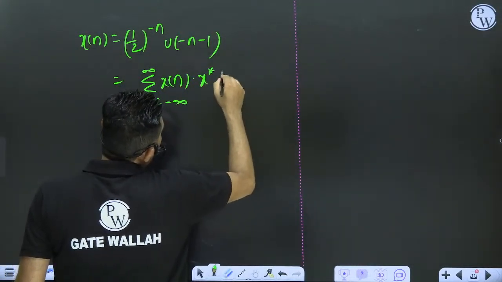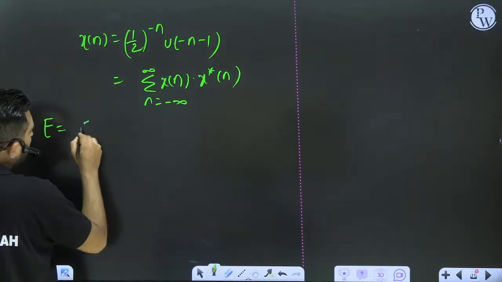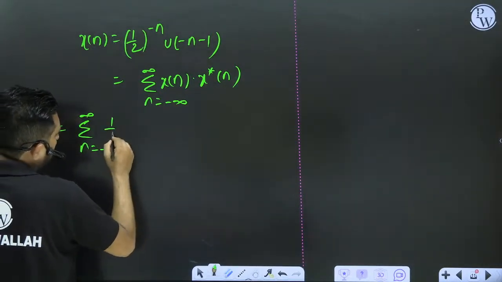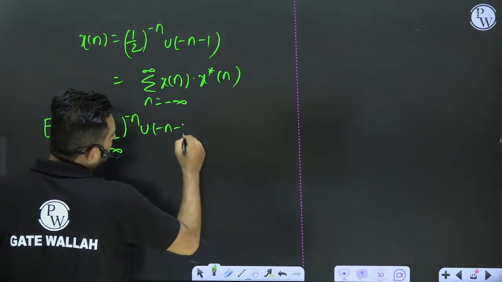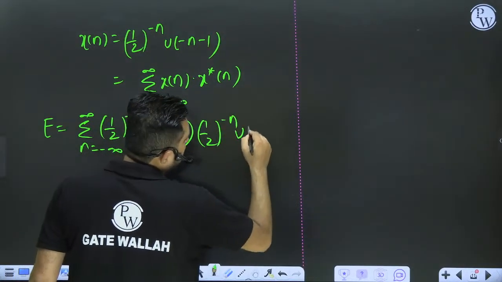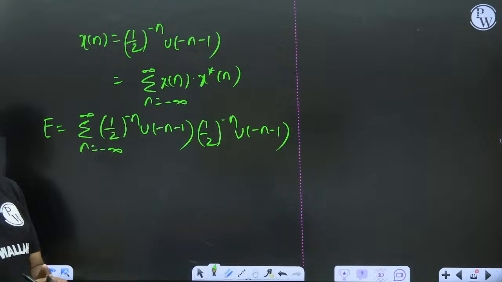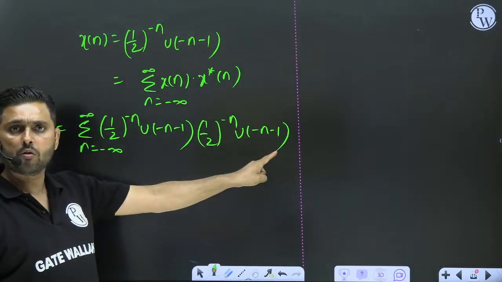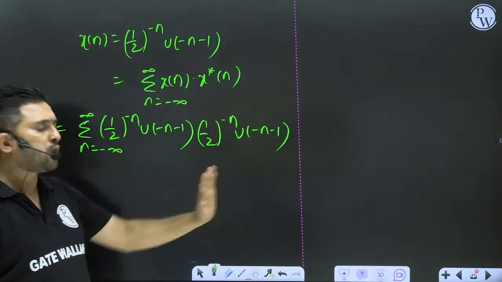Yes or no? So the energy will be equal to the summation, n equal to minus infinity to infinity, of 1 by 2 to the power minus n u of minus n minus 1, times 1 by 2 to the power minus n u of minus n minus 1. Why? Because the function is purely real, and hence there is no complex conjugate. Just now I told you that this limit exists from minus infinity to minus 1.